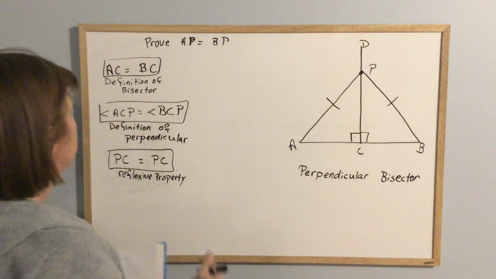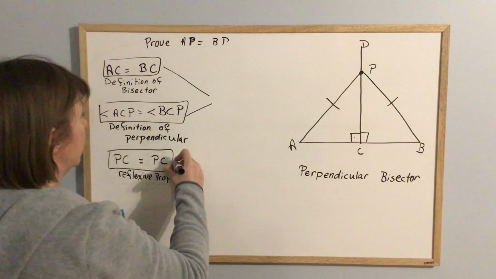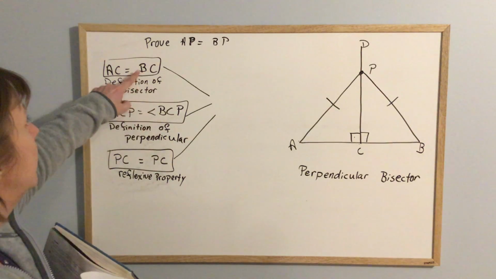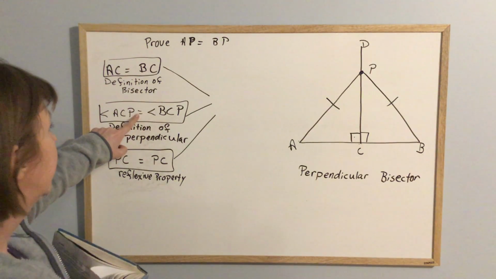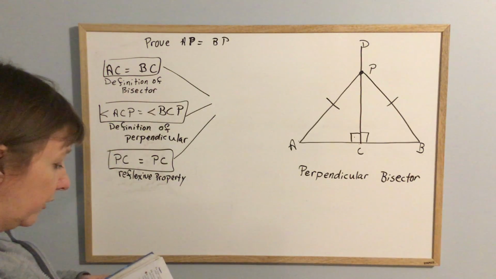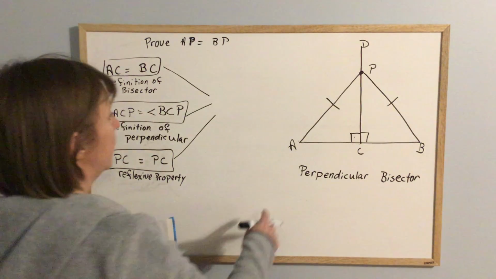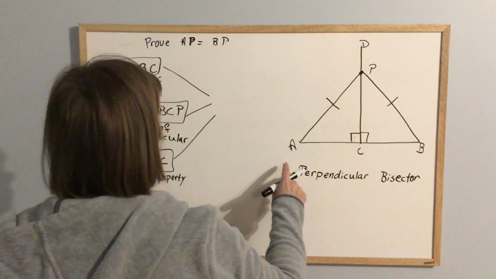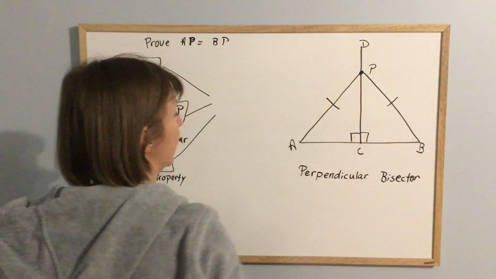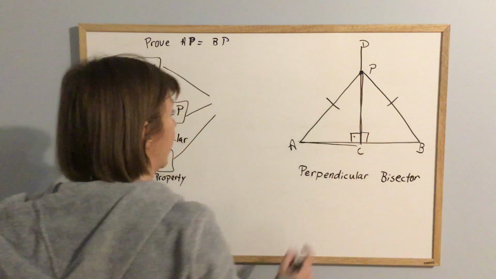All right, now what they're going to say is, listen, I'm going to take this reason, this reason, and this reason. Now, notice what we did. We did a side, an angle, and a side, okay? We did this side, and this angle in between.